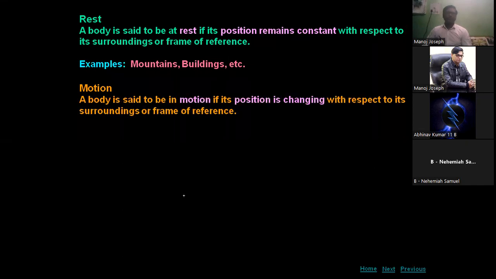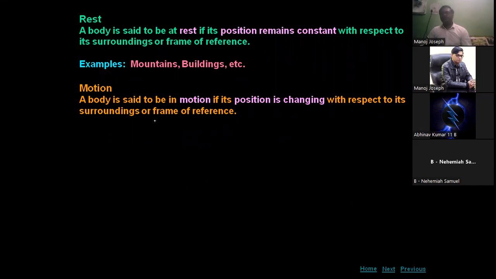So rest is when there is no change in the position with respect to the surrounding, but when there is a change in the position of your object with respect to the surrounding, that is called motion. So a body is said to be in motion if its position is changing. The position is not constant as it was in the previous case of rest.